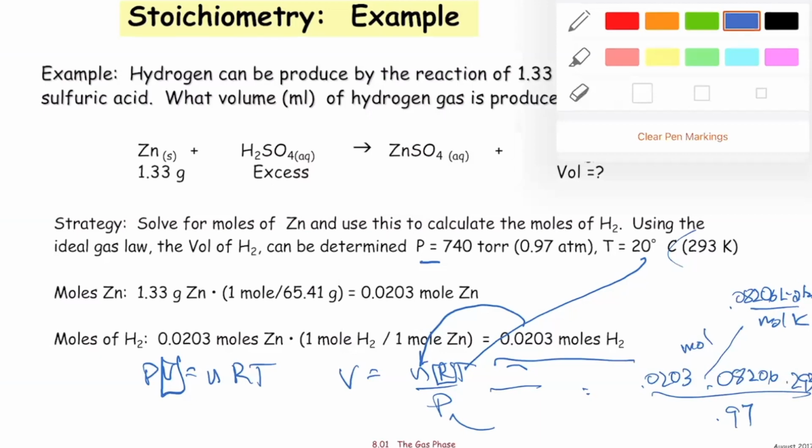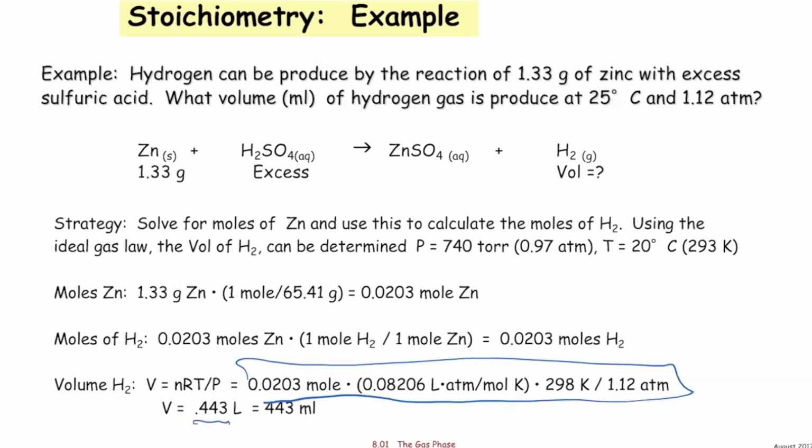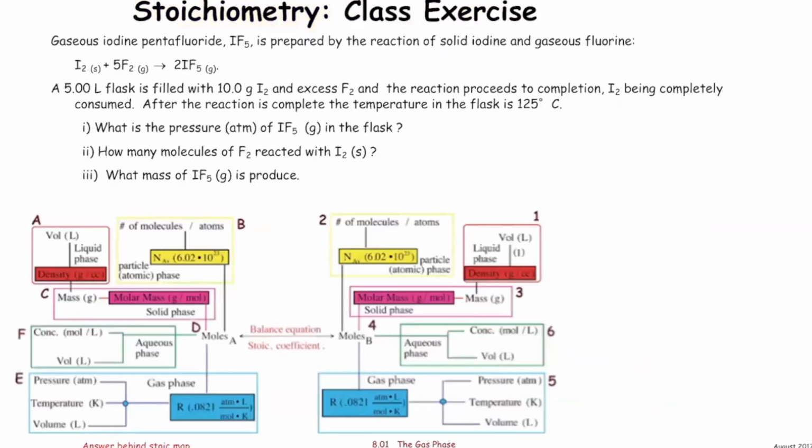Let me clean this up so that I can show you that. Okay, this is it right here. And we get 443 milliliters or 0.443 liters. If you multiply by 1,000, you get milliliters. So those are examples of how you use gas laws in stoichiometry problems.